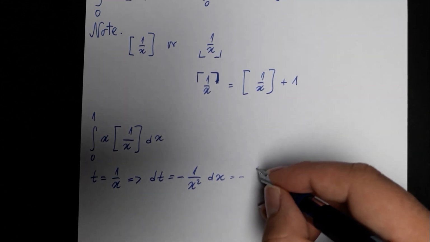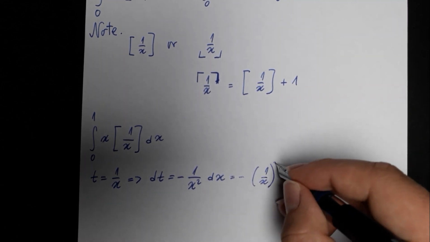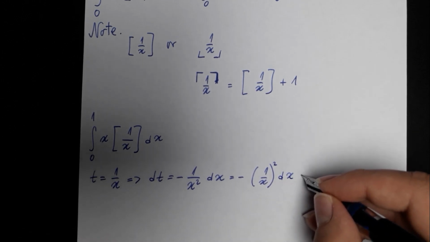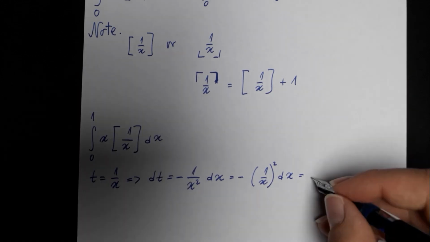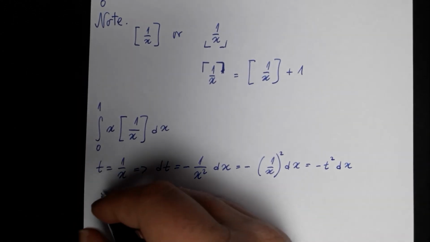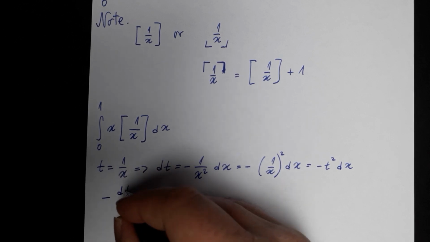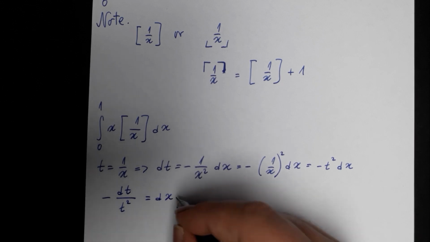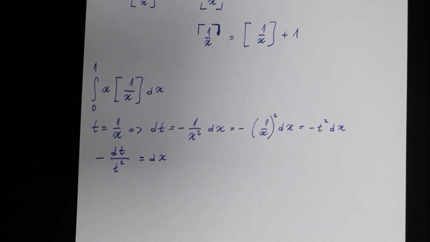Well, this is equal to negative t squared dx. From that, we get that negative differential of t divided by t squared is equal to the differential of x.